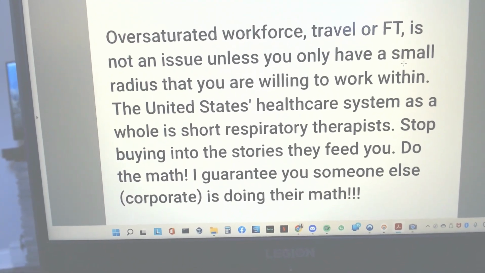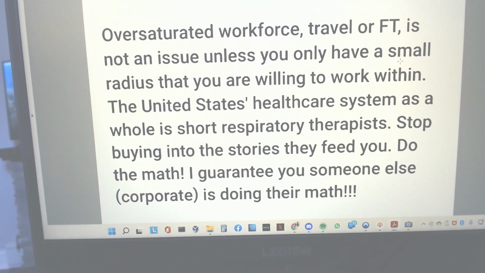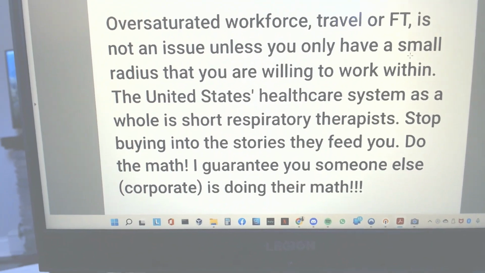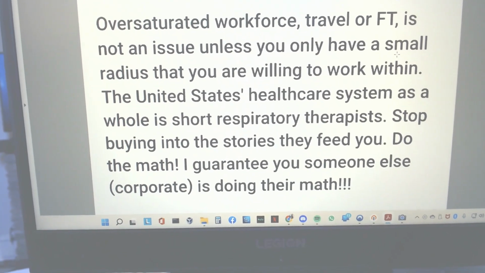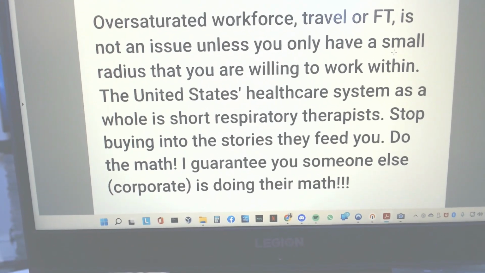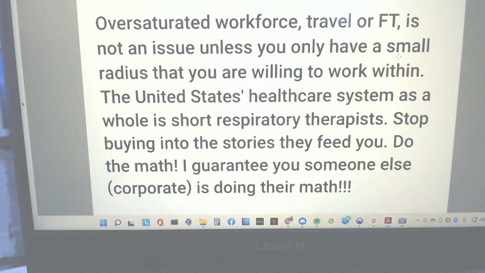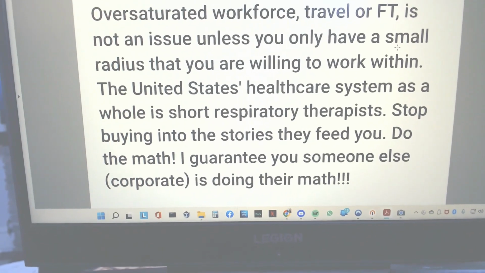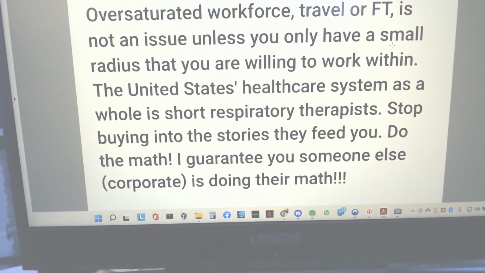And some people do, and they're perfectly okay with that. They work part-time at some little hospital or PRN, or, you know, they just work when they want to. There are people in this world that can afford to do that, and hey, have at it. But if you want the best deals, you want to make sure that you're getting the good money, and you're going to have to broaden where you'll go.